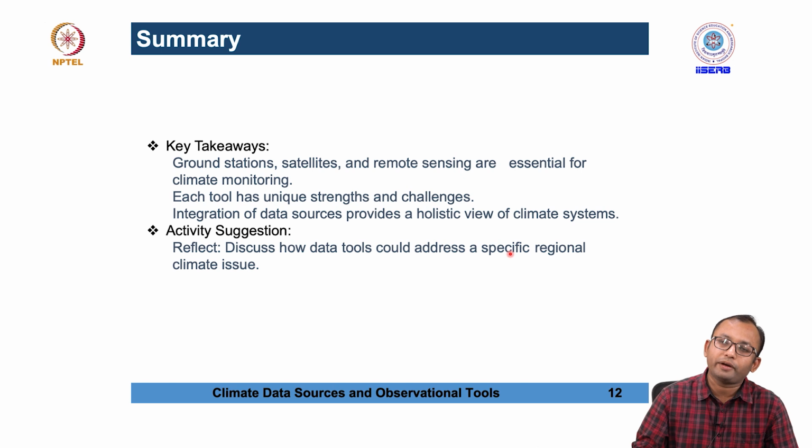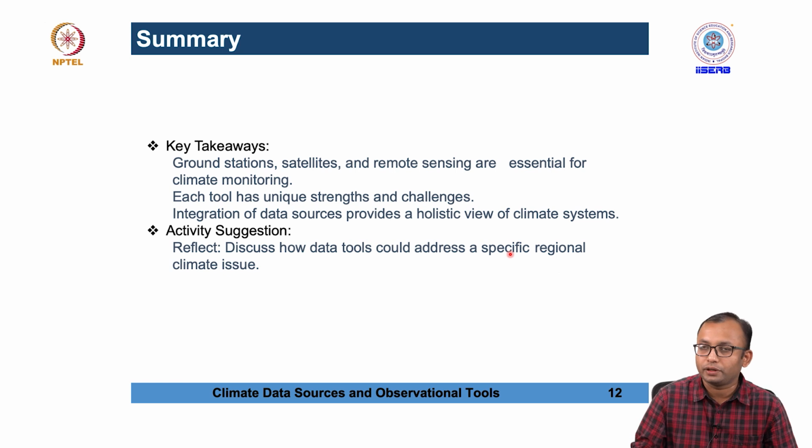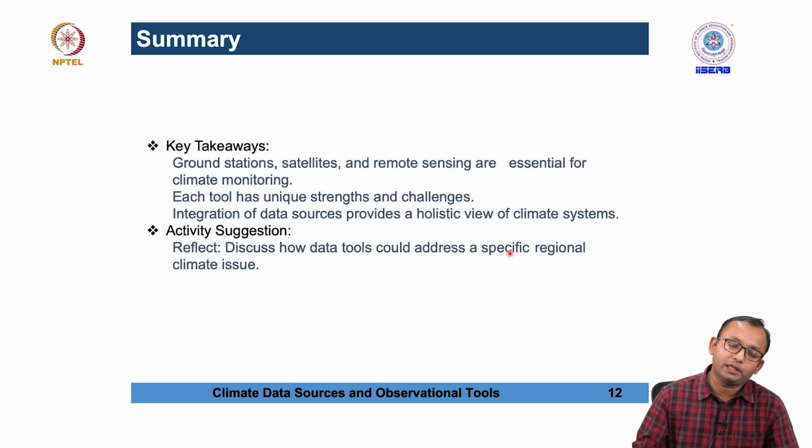Let us say you can look at ERA5 data, for example, or maybe you can look at satellite based Sentinel-1 or Sentinel-2 data sets, and how we can use them for monitoring different land use land cover characteristics, which can give us more insight about how land use land cover has been influenced by changing climate conditions, for example, or deforestation issues in some drought prone region, or whether drought is occurring more in a certain region based on some rainfall record from a reanalysis product, or let us say an observational record. For example, the IMD 0.25 degree data set can also be used for that type of analysis.